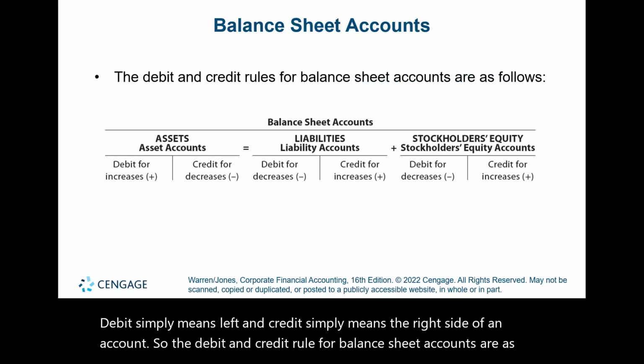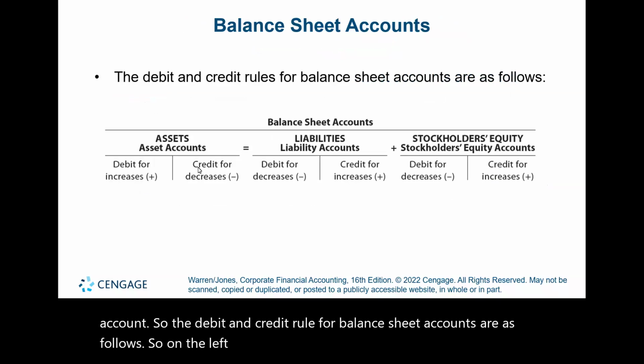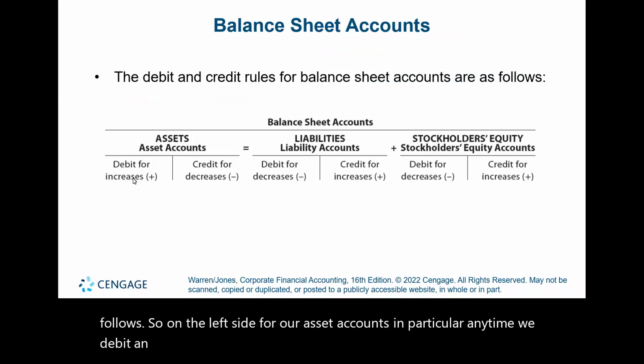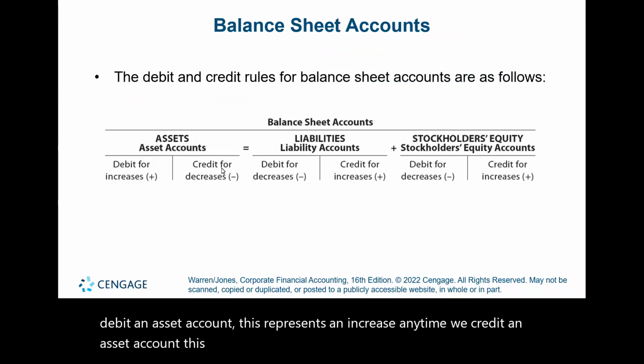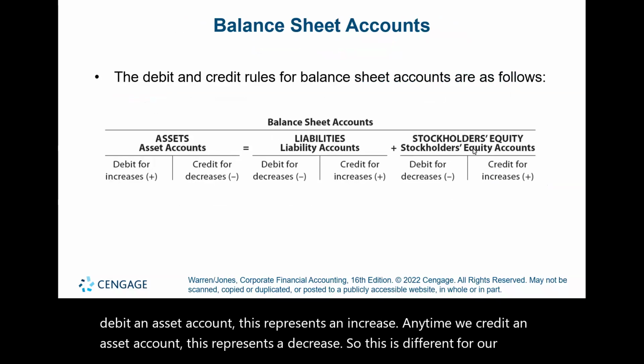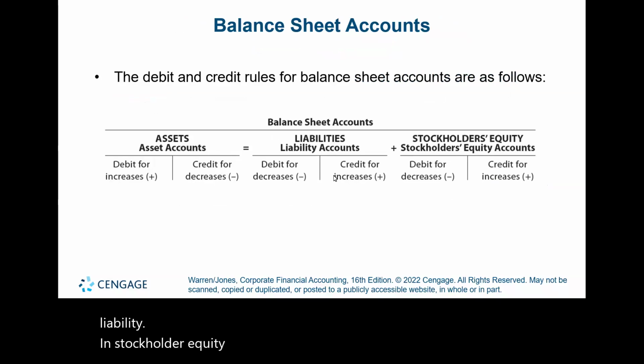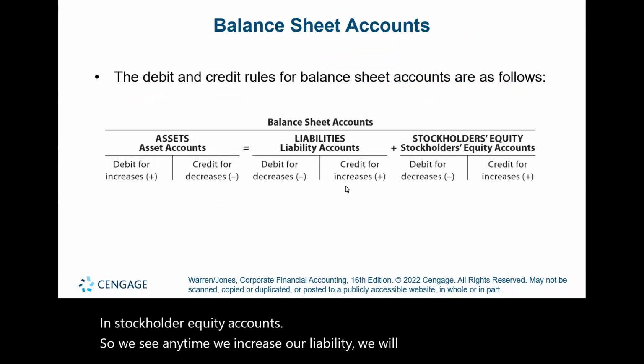On the left side, for our asset accounts in particular, anytime we debit an asset account, this represents an increase. Anytime we credit an asset account, this represents a decrease. This is different for our liability and stockholders' equity accounts. Anytime we increase our liability, we credit that account.